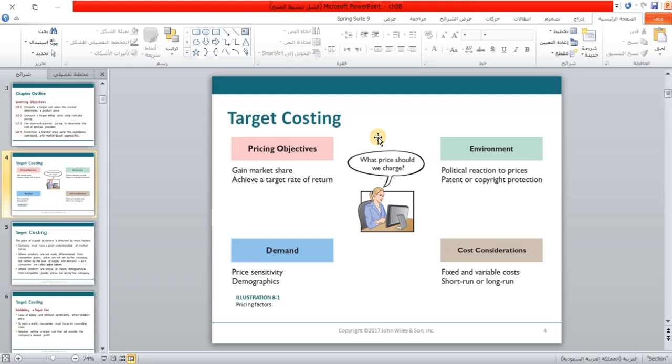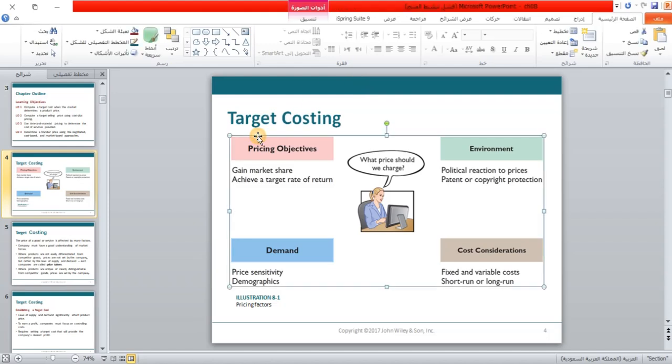To answer what price should be charged, we consider all these factors: the pricing objective, the demand, the environment, with cost consideration.